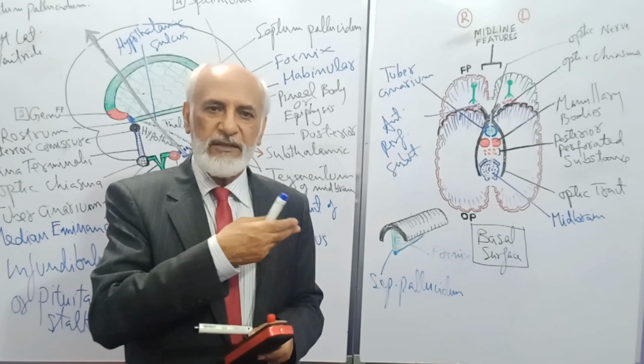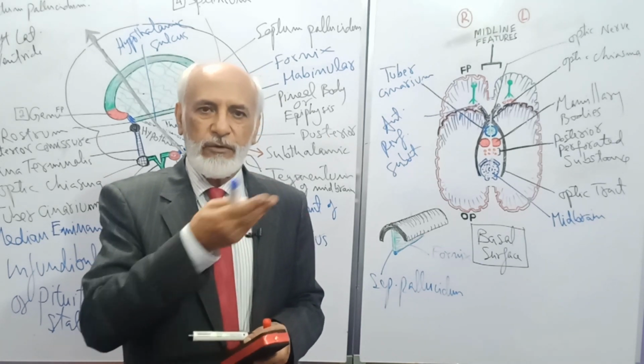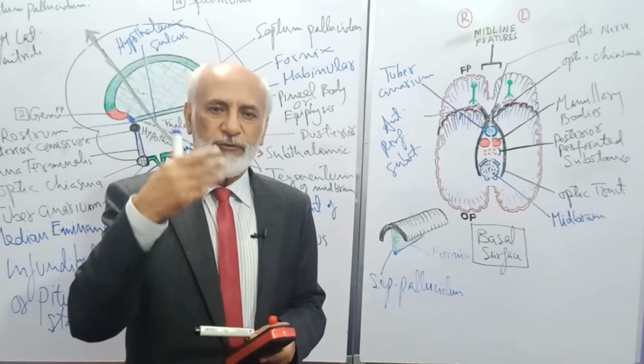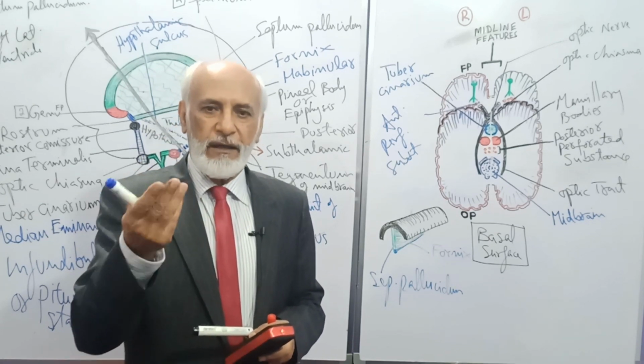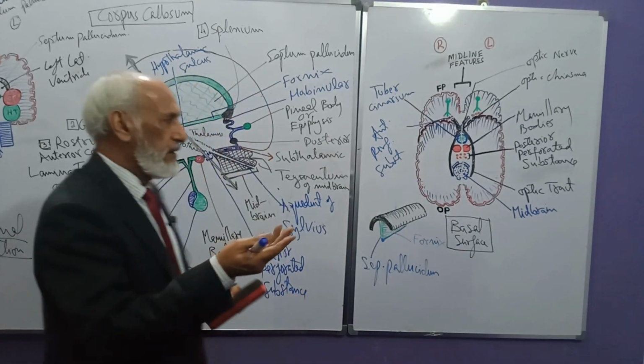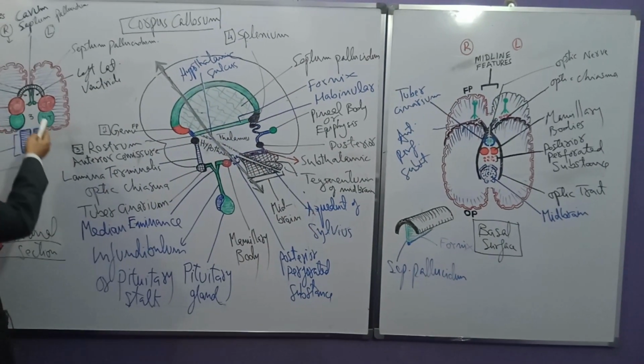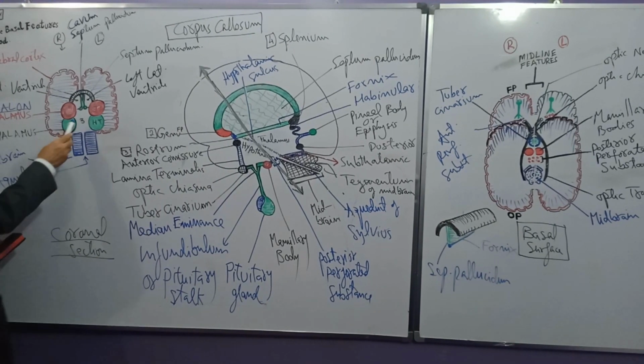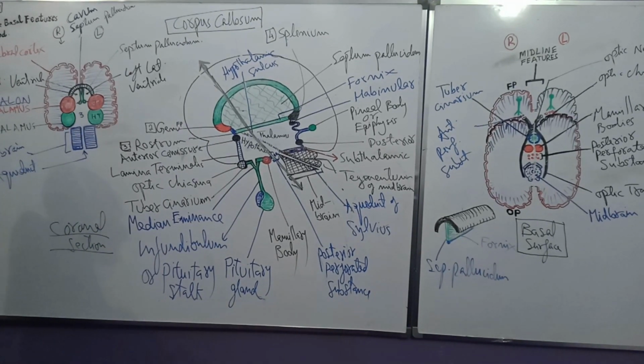So we will draw these diagrams again and again. If these diagrams are on the tips of your fingers, you can describe different features of the cerebrum. For example, the boundaries of the right and left lateral ventricles can easily be described. The boundaries of the third ventricle can easily be described.